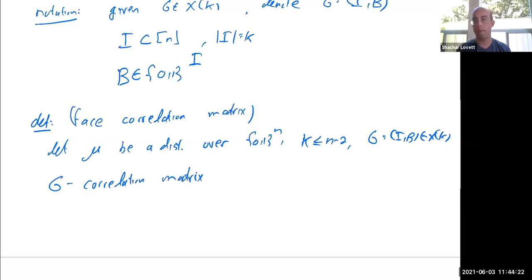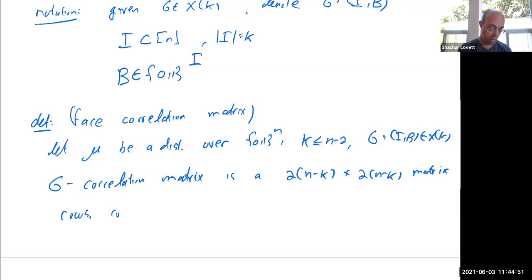I already colored k elements, so I have n minus k elements remaining, each one of which could be 0 or 1. So this matrix is going to be a 2(n minus k) times 2(n minus k) matrix, because I have n minus k elements remaining to color, each one could be 0 or 1.